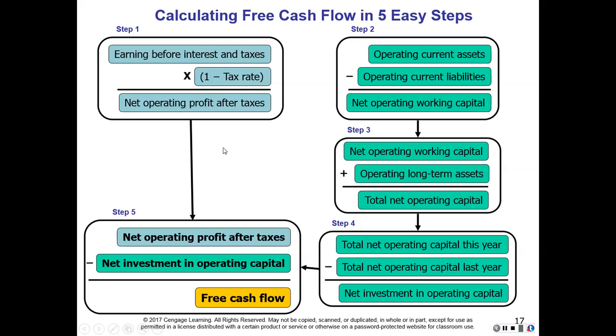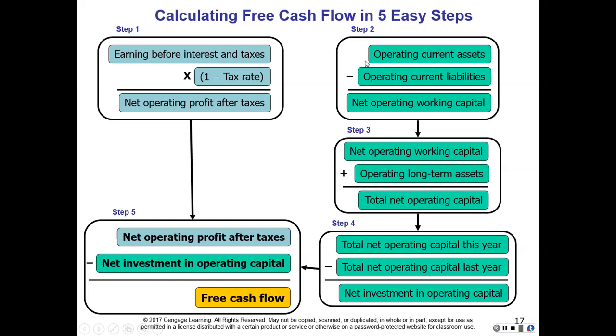Right? Okay. Then we take net operating profit after taxes and subtract the net investment in operating capital to get to free cash flows, right? How do we get net investment in operating capital?